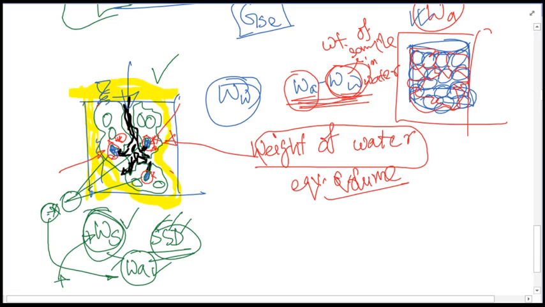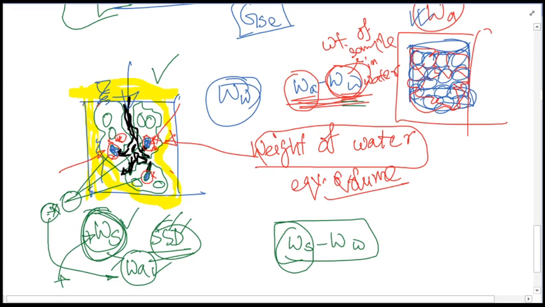So why are we getting this WS? We will be deducting WW from WS, not WA. This portion is actually WS, meaning including these waters as well.